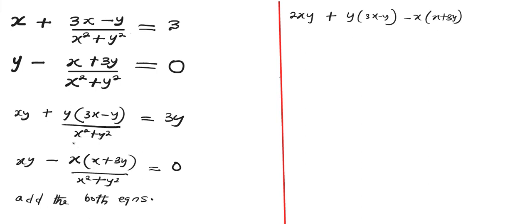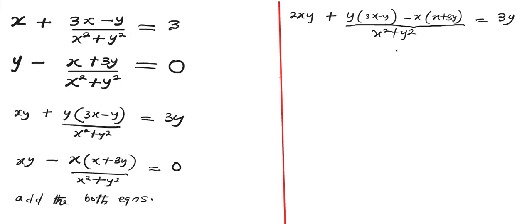Since the base here is x squared plus y squared and the base here is also x squared plus y squared, the both terms can share the same base. So we have x squared plus y squared equals, here we have 3y plus 0, which is 3y, okay? So we have succeeded adding these two equations.